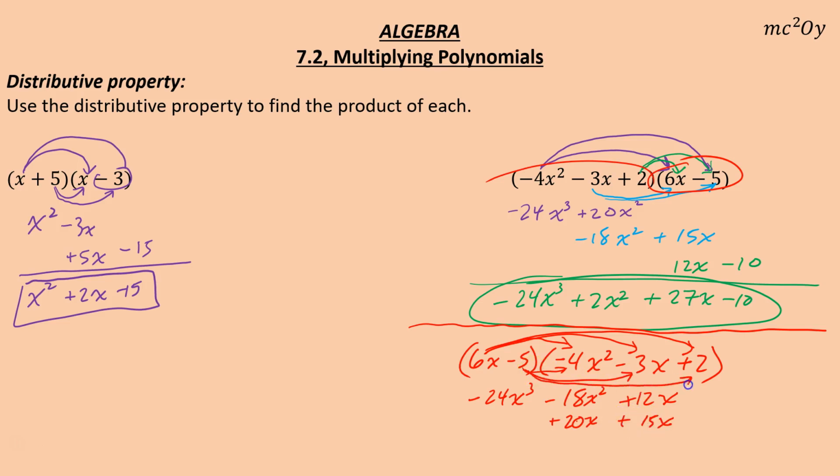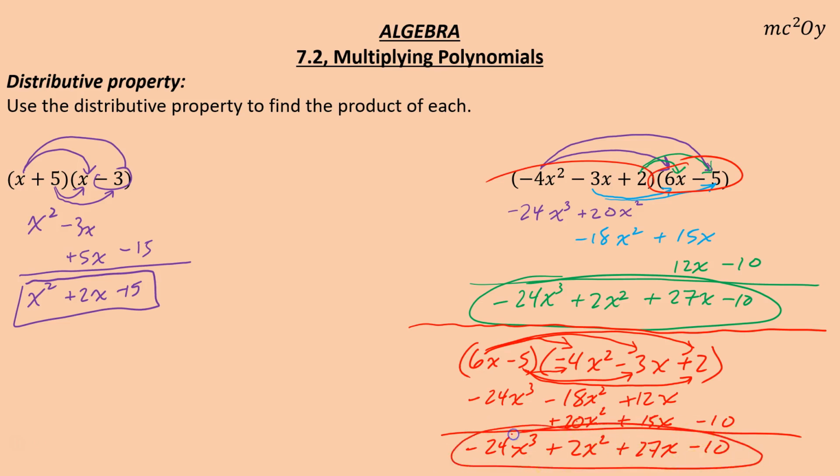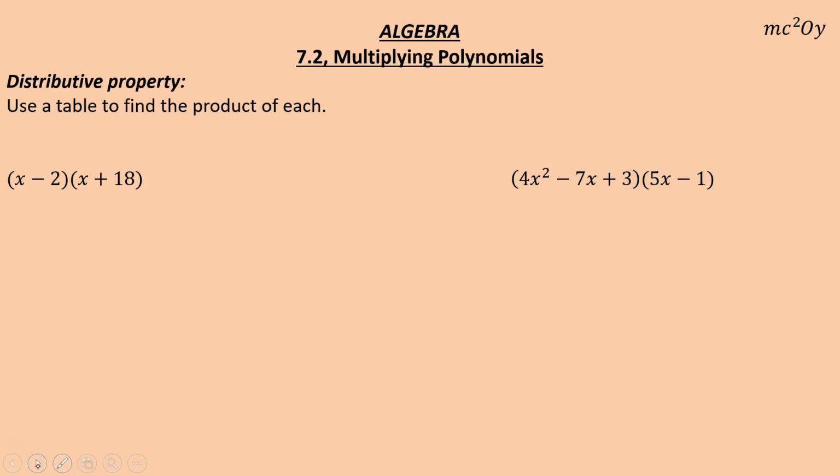And then here, negative 10. The only reason I show that is because it just makes it a little neater than all the arrows I had up above there. So it's really a personal preference. Should have been a squared there. Either way is fine. Okay, let's take a look at the distributive method.